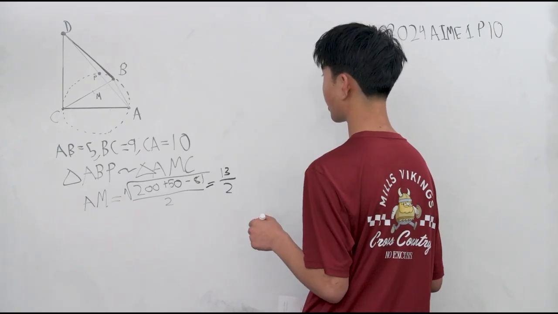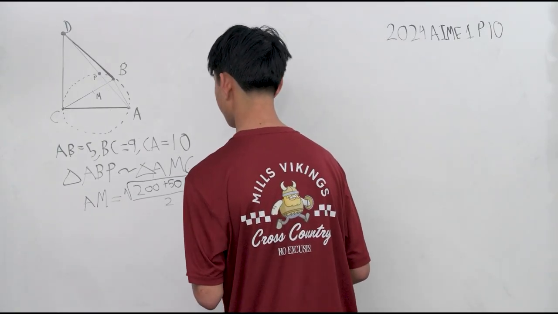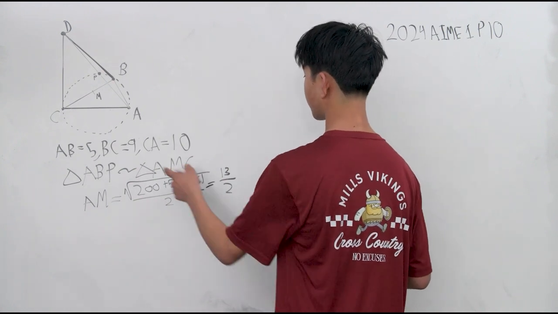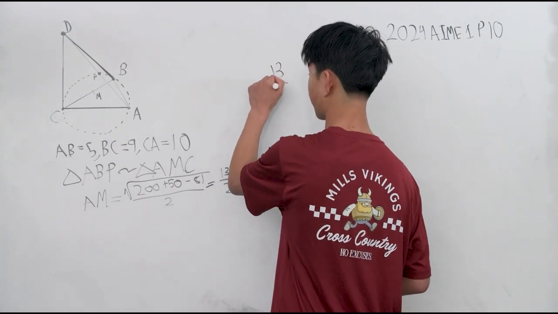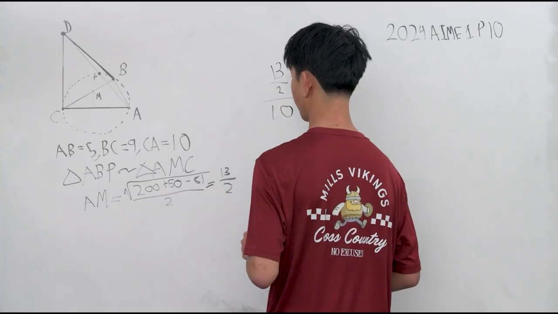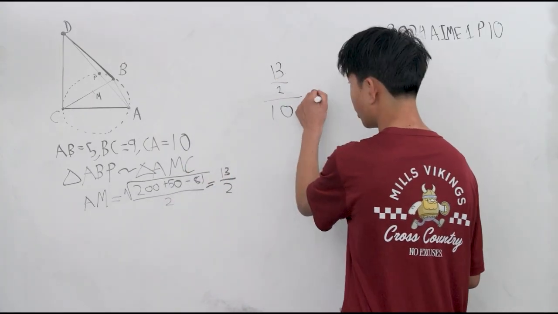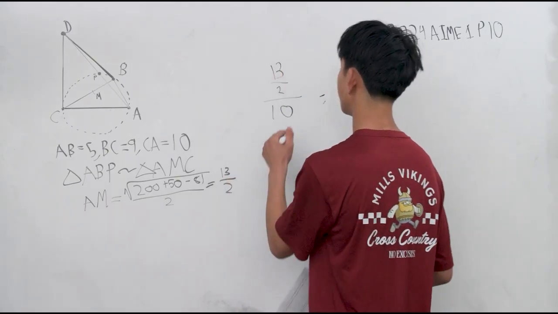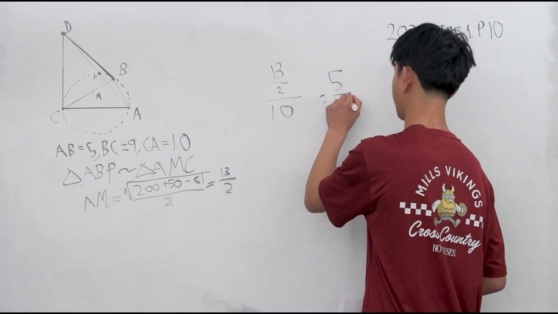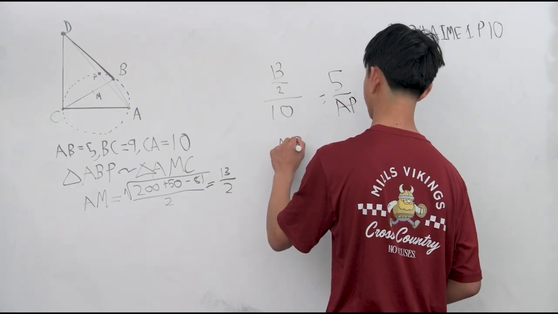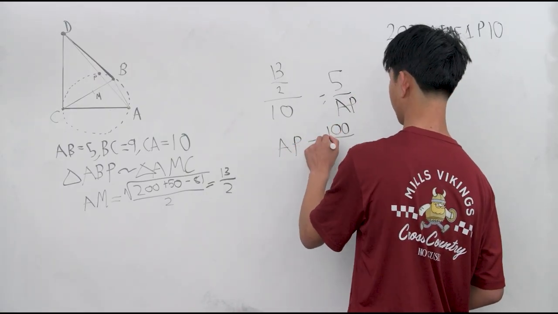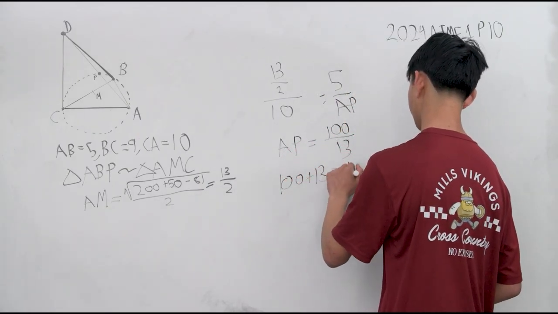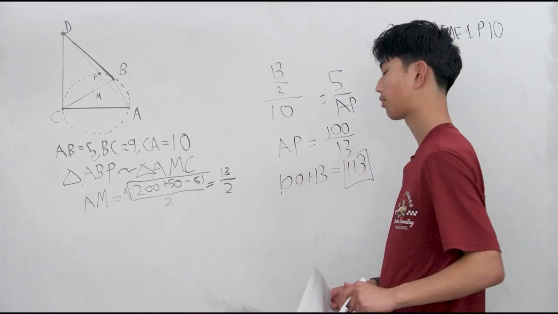Next, through similar triangles, because we just found out AM is 13 over 2, and because these two are similar triangles, 13 over 2 over 10, so AM over AC, should be equal to AB over AP, so 5 over AP is equal to 13 over 20, giving AP equal to 100 over 13. 100 plus 13 is equal to 113, our answer for this problem.